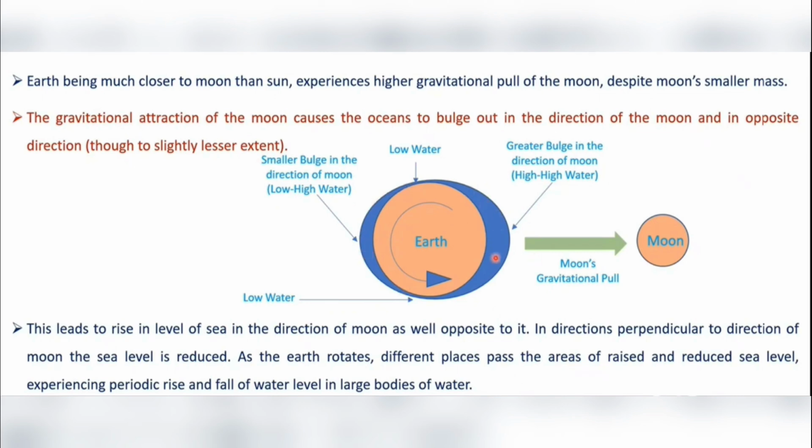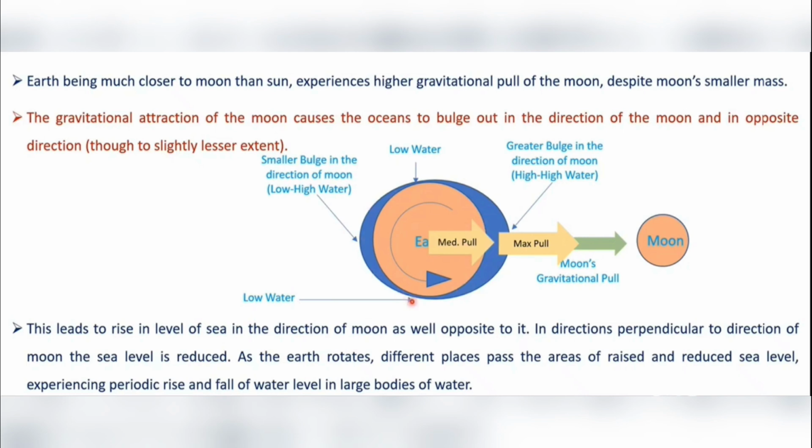Now this water being closer to the moon will experience maximum gravitational pull. Some slightly lesser extent than this would be experienced by earth because the center of the earth is at a slightly greater distance. So that means this water will be pulled more towards the moon compared to what earth is being pulled, and hence this bulging gets justified.